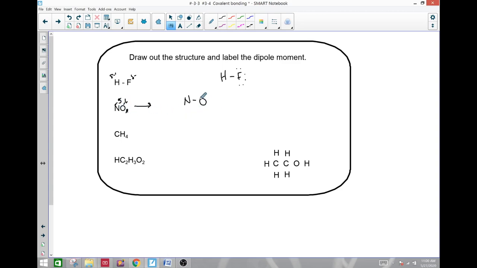Either way, this guy's going to have a little bit of an odd Lewis structure. That's fine, we'll leave it as is. Skip the Lewis structure if you want. Partial negative. Here we go. They're both stealers. This guy is going to be nonpolar.